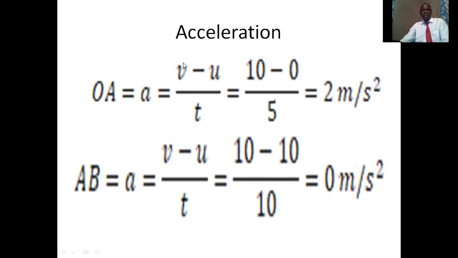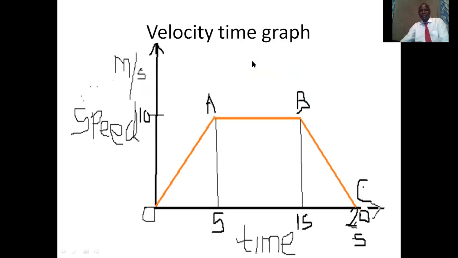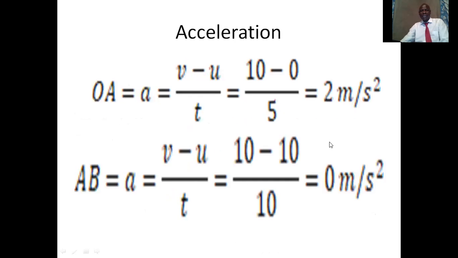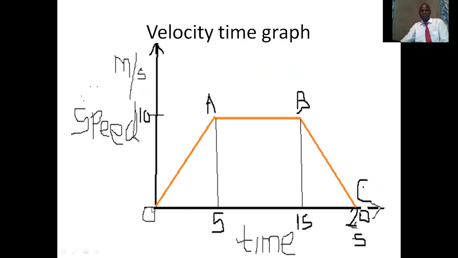And therefore, if we are to calculate acceleration from 0 to A, we would say acceleration is equal to final velocity minus initial velocity over time, which is equal to, as I indicated, our final velocity on the graph is actually 10, and the initial velocity is 0, divided by the change in time, which is 5 minus 0, which is 5.